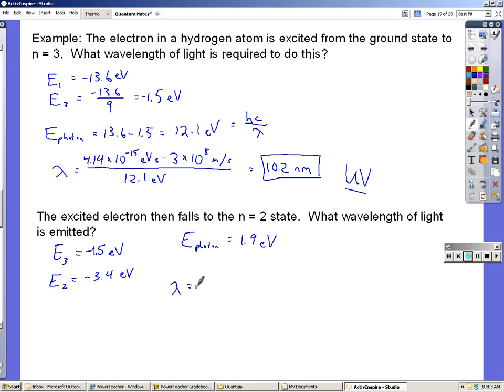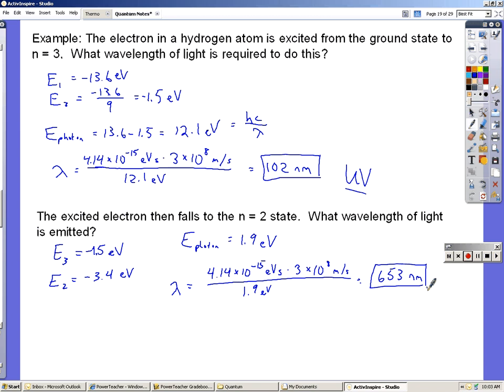And the wavelength, hc over E, has a wavelength of 653 nanometers, which is in fact one of the emission lines of hydrogen. Although because of rounding errors, it's actually closer to 655, but we can deal with that.